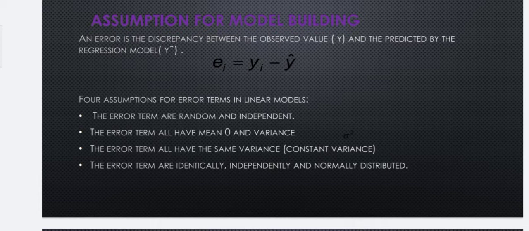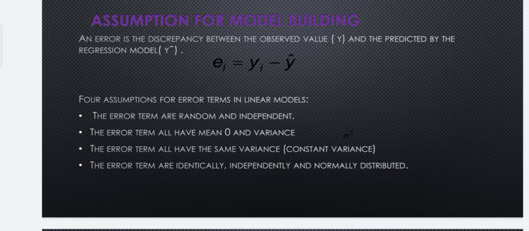So nak check independence, kita boleh check gunakan scatter plot, residual versus X, ataupun residual versus Y hat. Okay, so if mostly the points are scattered randomly, maksudnya tak nampak pattern, no pattern at all, so we can conclude that the residuals are independent.